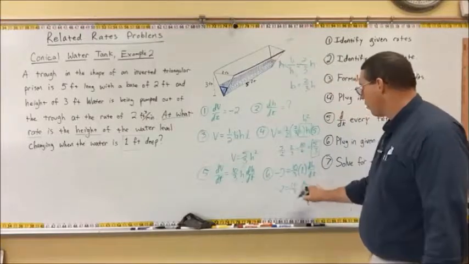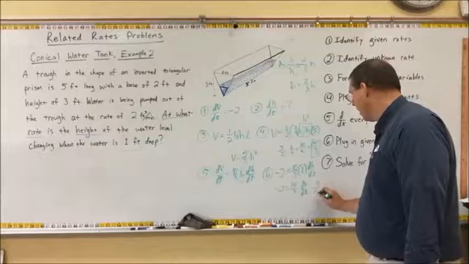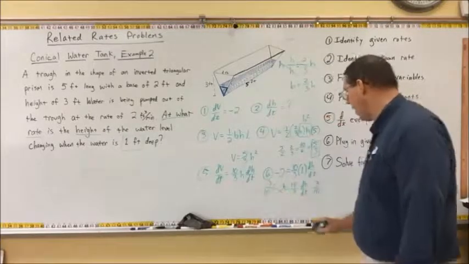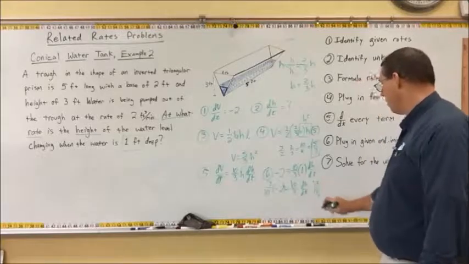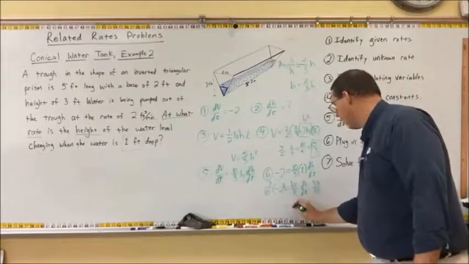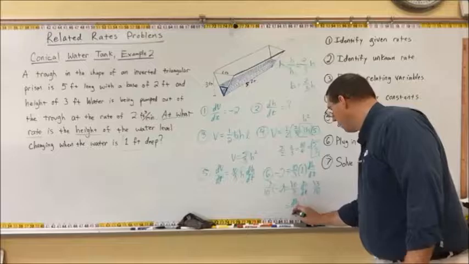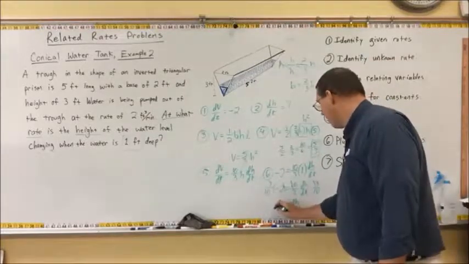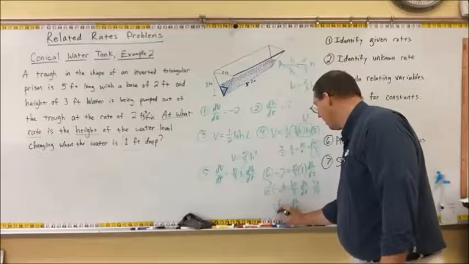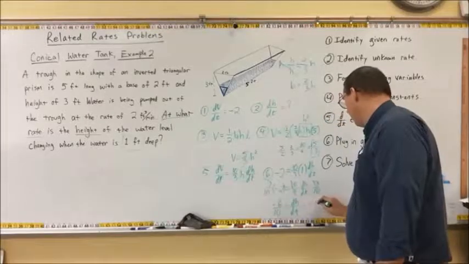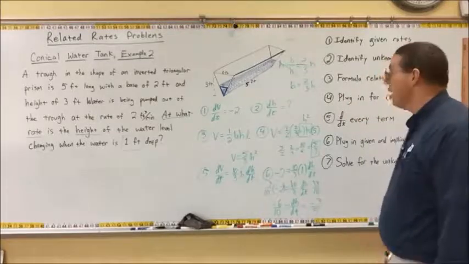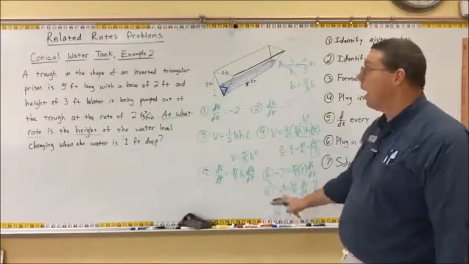To cancel 10/3, I multiply by 3/10 on both sides. That'll cancel this, and all I have left over here is dh/dt. 3/10 times -2 is -6/10, which reduces to -3/5, which is also -0.6. And now we're dealing in height.